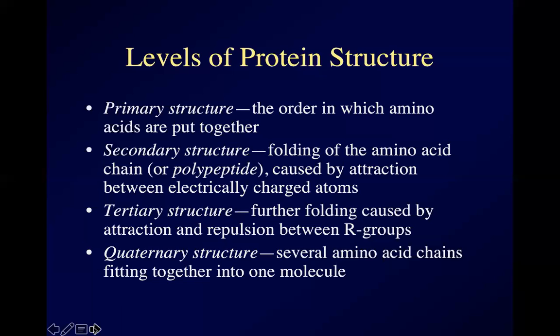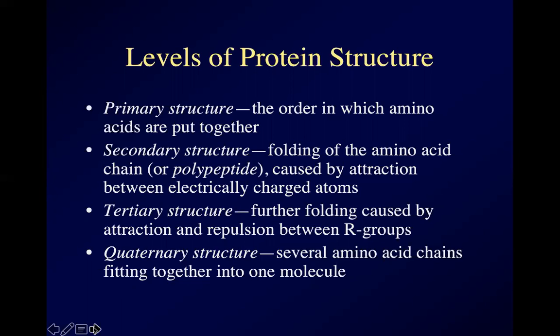Secondary structure affects only a part of the chain, but the entire thing can then fold up, caused by electric attraction or repulsion between R groups, and we call that tertiary structure. And then very often you can have several amino acid chains that have to fit together to make one functional molecule. There's a protein in your blood cells called hemoglobin that is responsible for transporting oxygen from your lungs to the rest of your body.